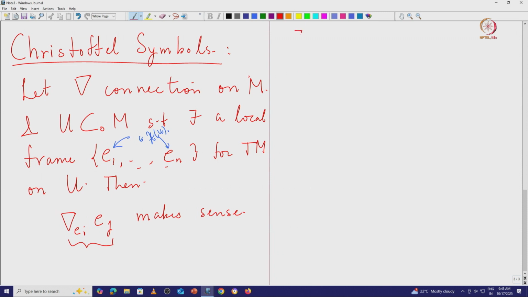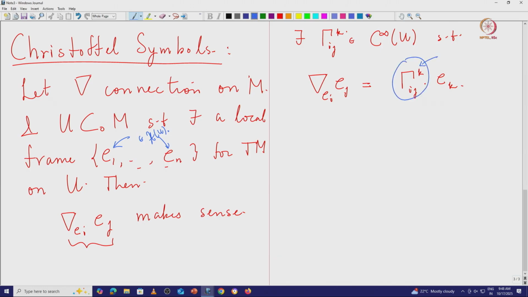So there exist coefficients Gamma_{ij}^k, which are smooth functions on U, such that this is simply Gamma_{ij}^k E_k. These symbols are called Christoffel symbols.